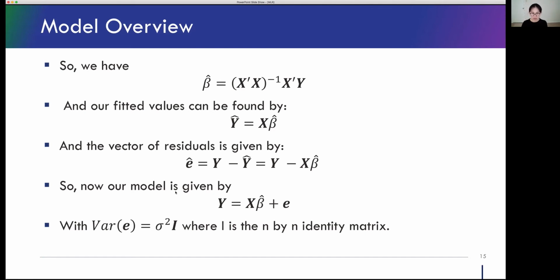So now, after the estimation, we get Y equal to X times beta hat plus your error term. And we know the variance of this error is sigma squared times I, where I is the n by n identity matrix. So this is how you denote the variance in matrix format.